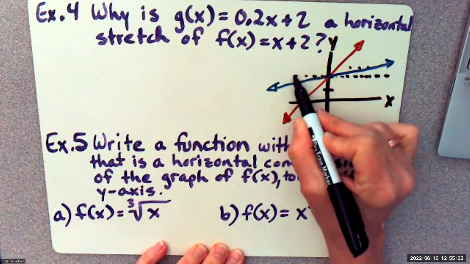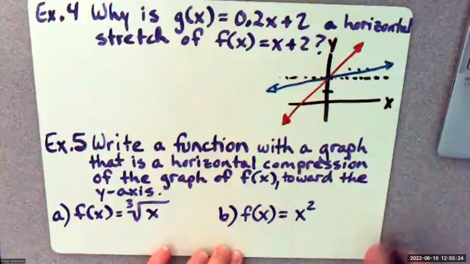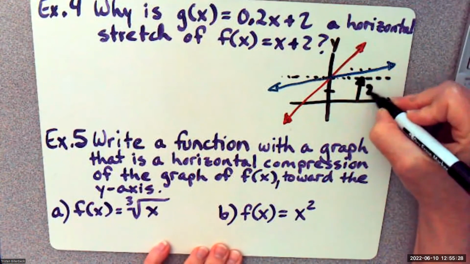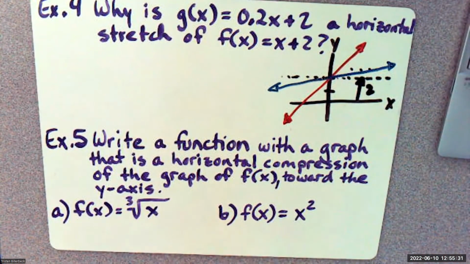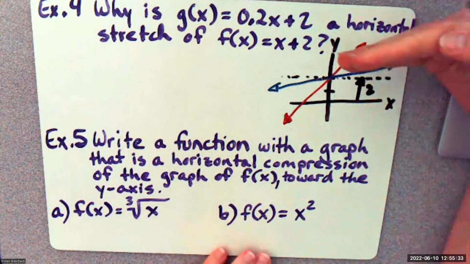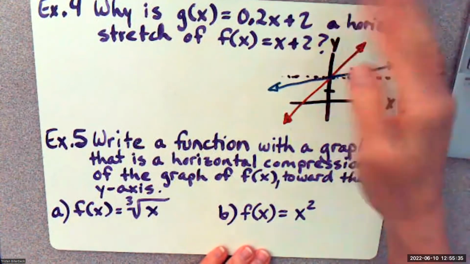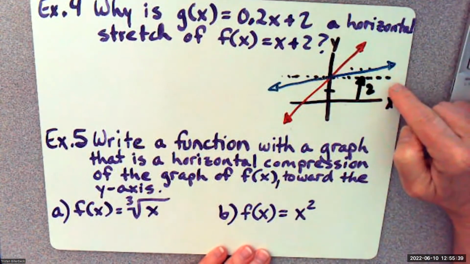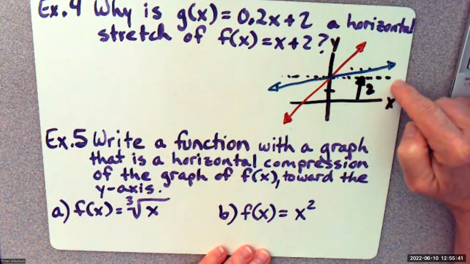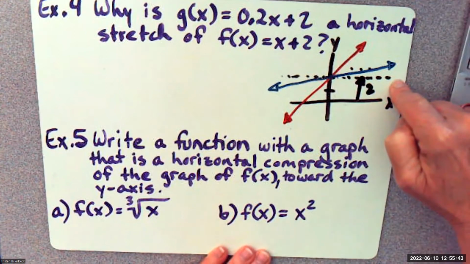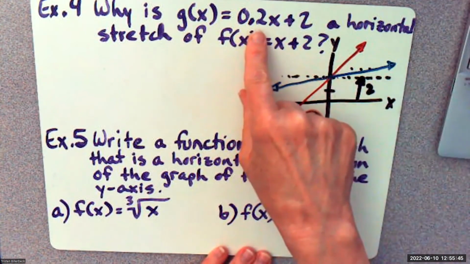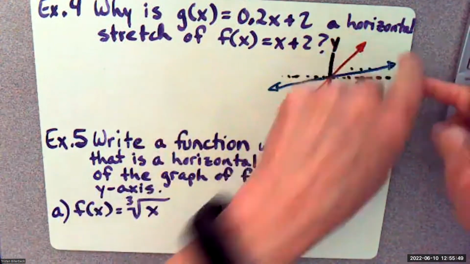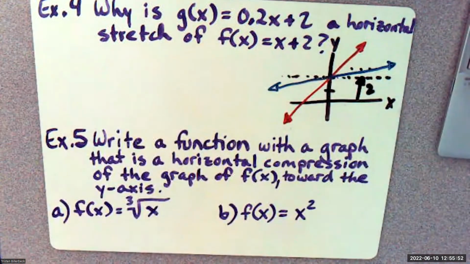If we look at this like the x-axis, but shifted up 2, then we can see that indeed it is a vertical compression toward this, but a horizontal stretch toward that axis, because it's in reference to the x, which makes it in reference to this axis.